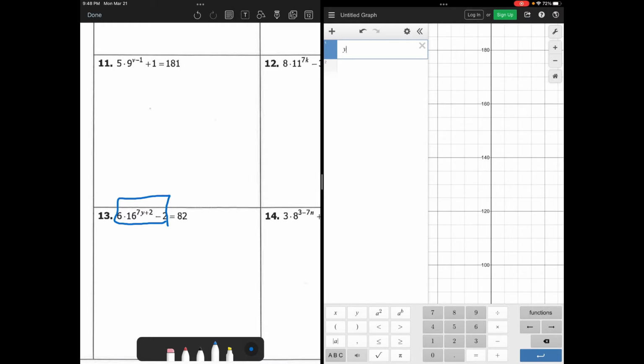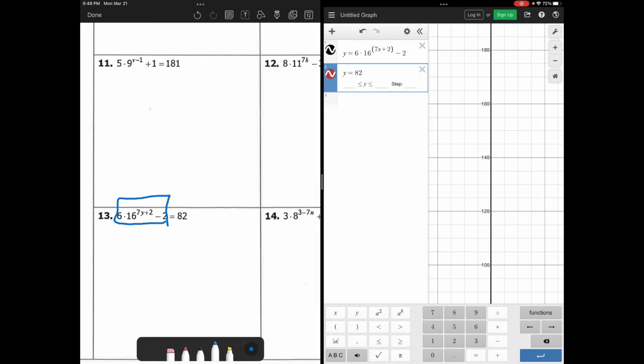So we have y is equal to 6 times 16 raised to the parenthesis 7x plus 2. Remember, everything has to be in terms of x. Then we close that parenthesis, and we have minus 2. And then in the second equation, that one will be easy. We'll just have y equals 82.